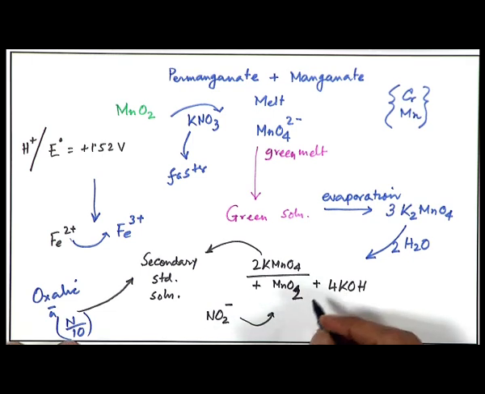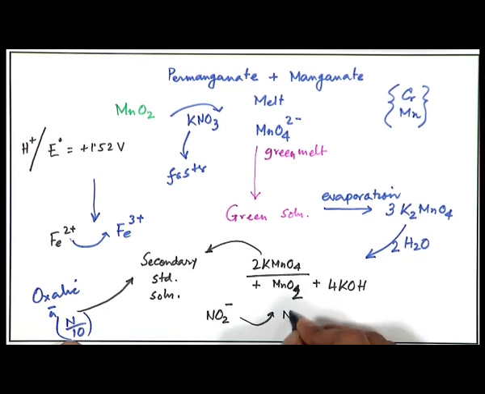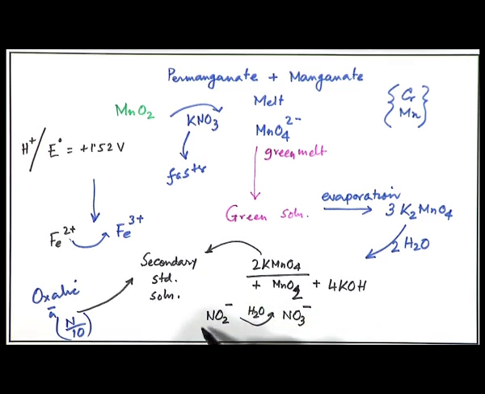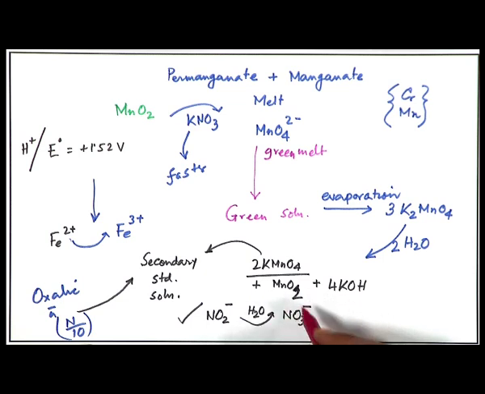So, this nitrite can be oxidized to nitrate in presence of water. Any unknown concentration of nitrite can be titrated using this potassium permanganate to convert it to nitrate. So, this is a typical example. Instead of the estimation of iron, you can analyze the unknown nitrite concentration in solution by permanganometry. Okay, thank you very much.